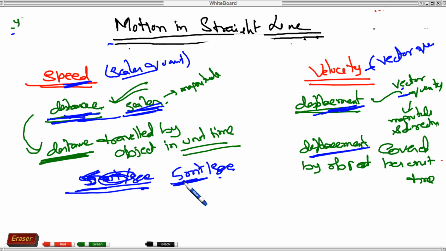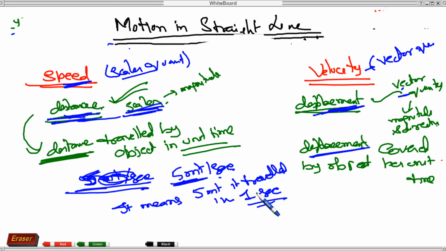It means 5 meter it traveled in 1 second.